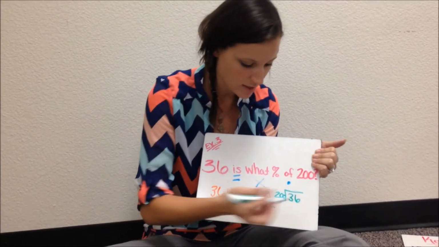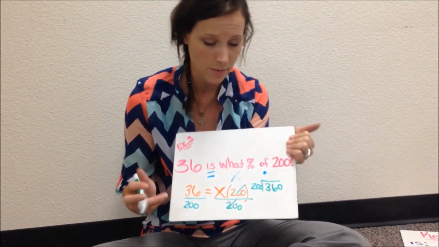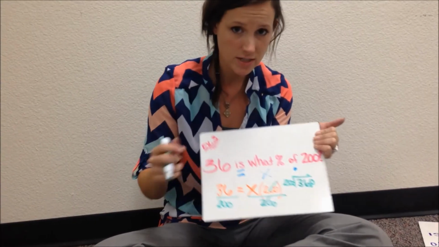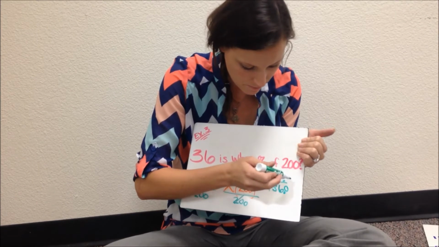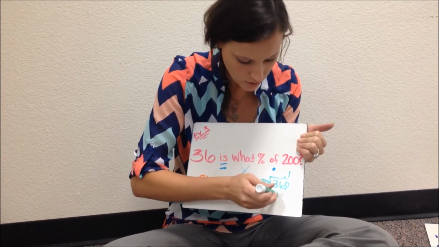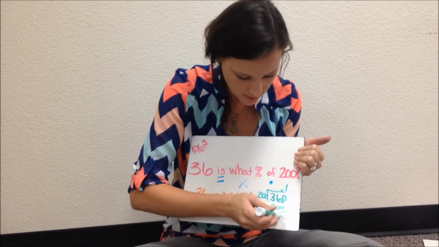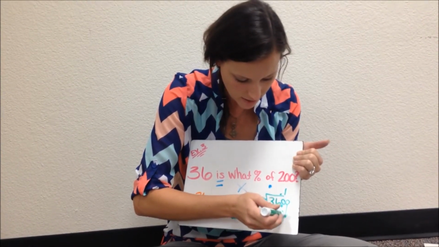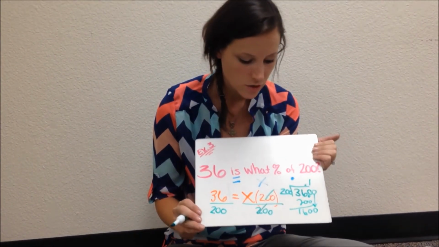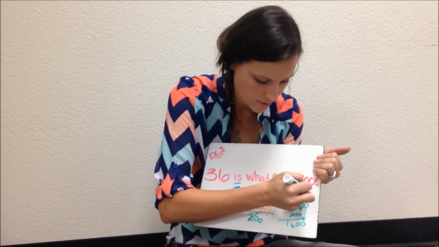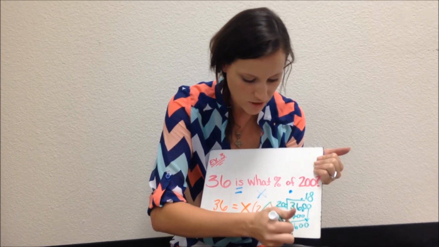200 can't fit into 36, so I have to put a 0 and a decimal. Okay, 200 can fit into 360 one time, which is 200. I'm going to subtract and get 160, and I have to add another 0. 200 can go into 1600 a total of 8 times. Which is 1600.